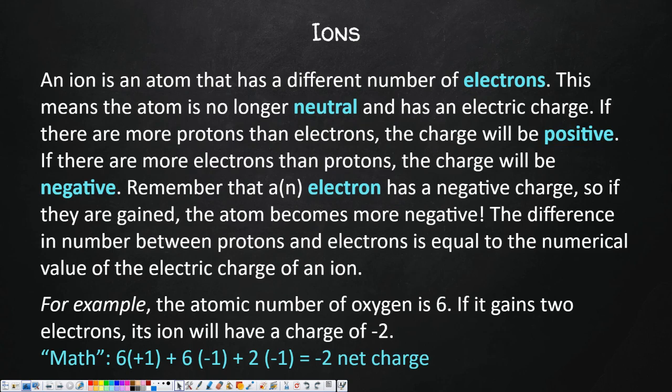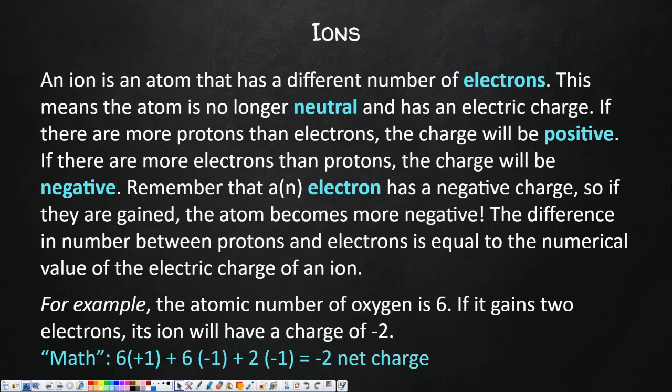Why does it have to have the same number of protons? What gives an element its identity? Its atomic number. We talked about it a little bit when we talked about the periodic table. All right, we're just very focused on writing right now. That's fine.